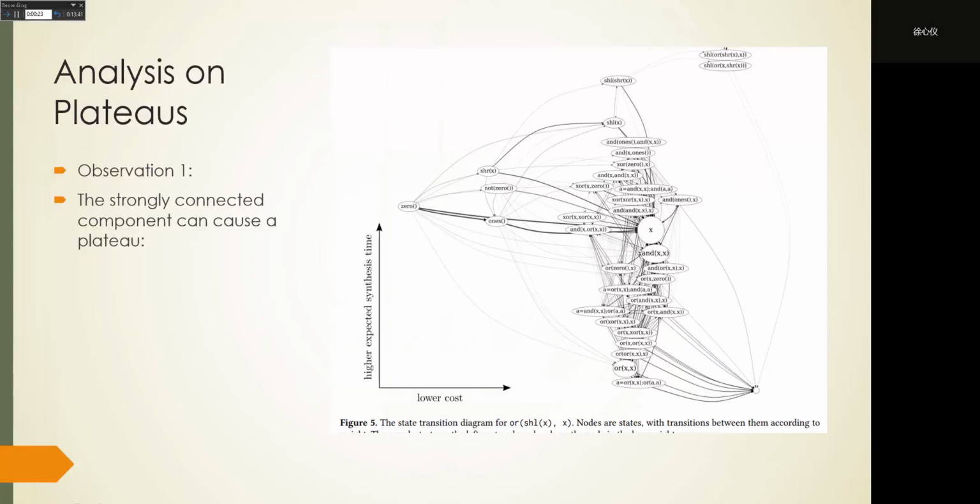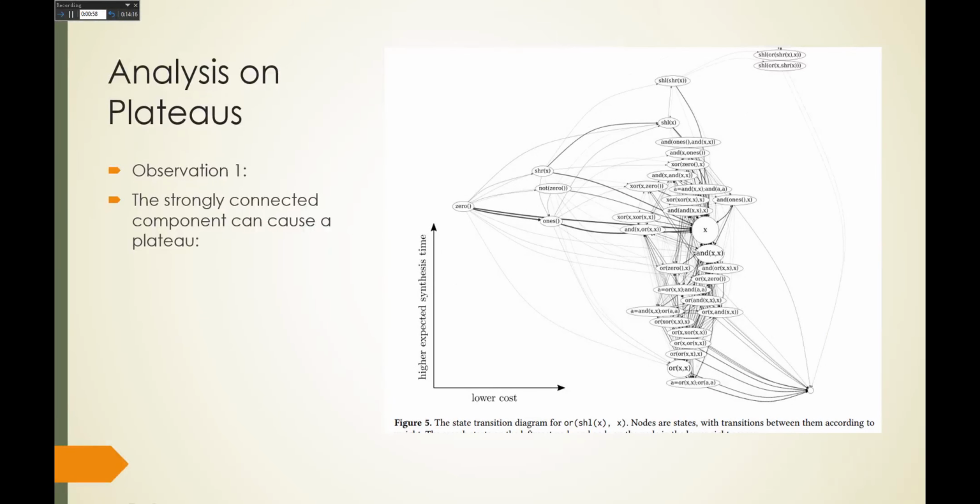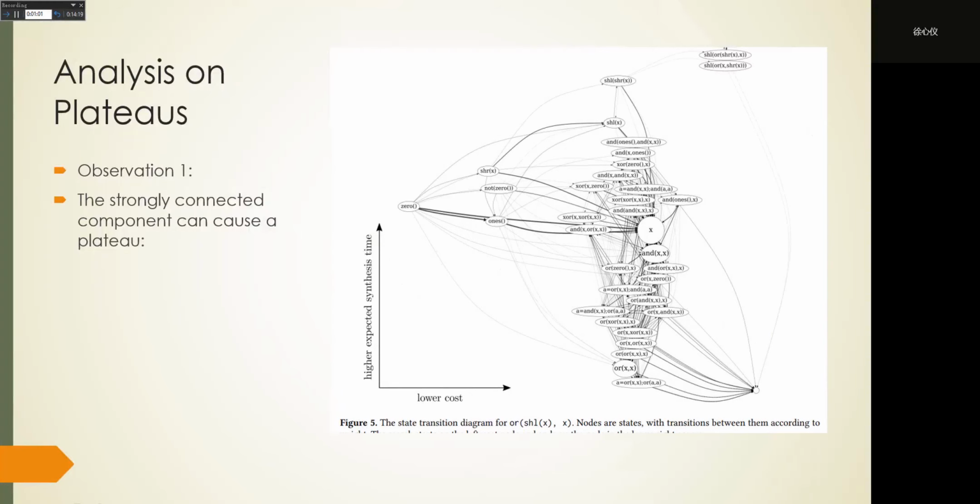In that component, we can actually get a plateau, because your search can easily jump into the strongly connected component, but is not able to jump out of it, since the probability of self looping is actually larger than the probability of jumping to the solution node.